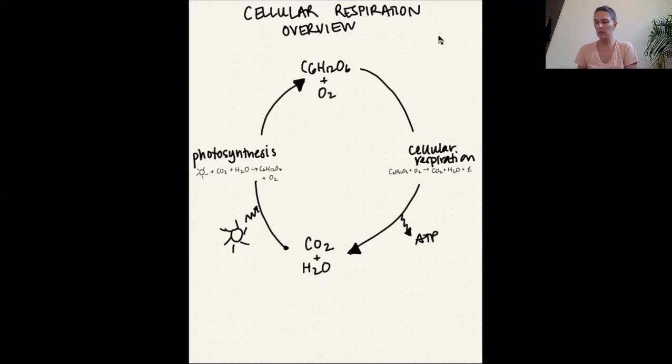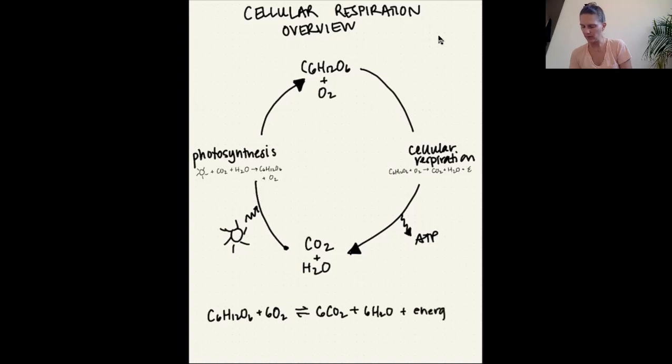If you write out the whole equation, as a balanced equation, we have C6H12O6 plus 6 oxygen, and that's a reciprocal reaction, so it goes both directions depending on which one you're talking about. You'll get carbon dioxide, water, and energy, right? And that energy can either be ATP in cellular respiration, or if you're doing photosynthesis, it's light energy.